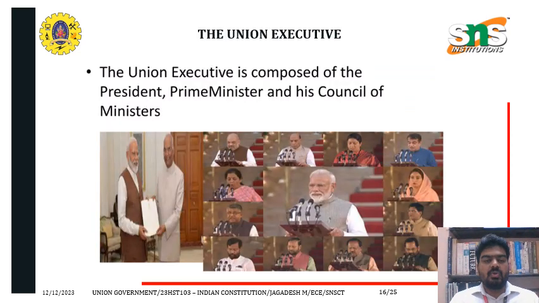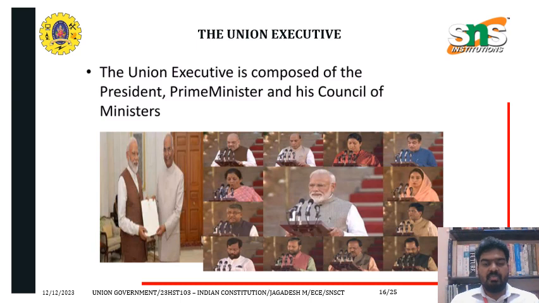The Union Executive is composed of the President, Prime Minister, and his Council of Ministers. Currently, Narendra Modi ji is the Prime Minister, who has a set of Council of Ministers, and along with the President.